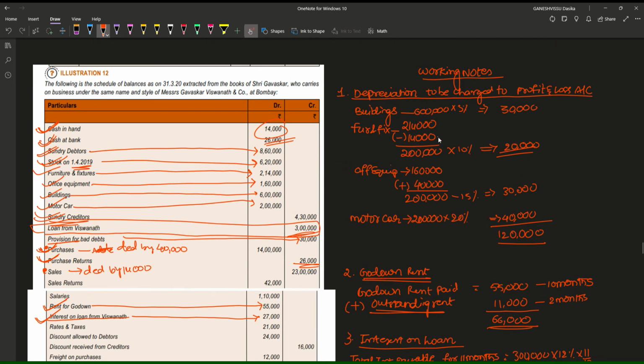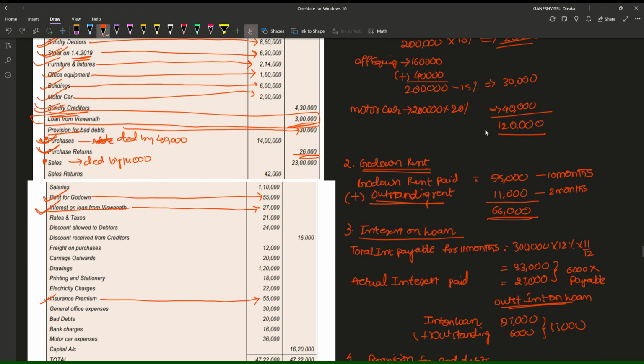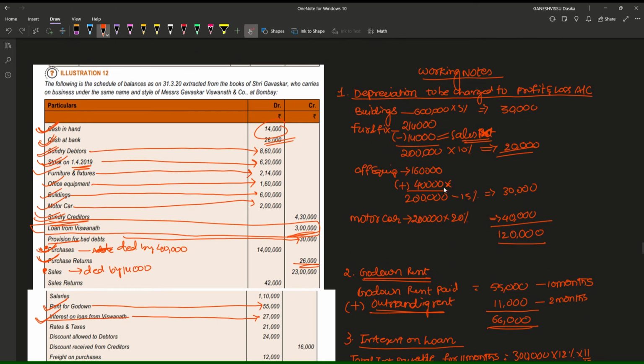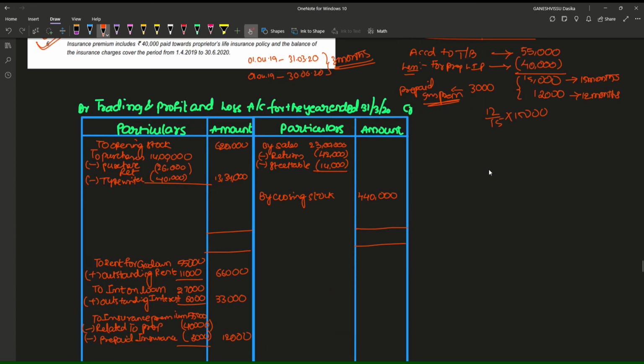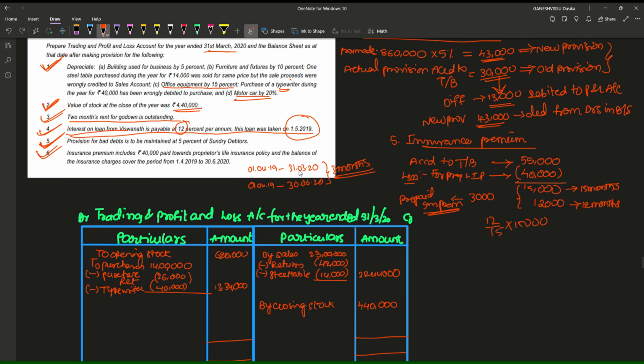This 14,000 is not sales returns actually, that is deducted from sales. And here 40,000 is to be deducted from purchases, right? So we have deducted from sales also: 23 lakhs minus 42,000 minus 14,000, which is 22 lakhs 44,000. We have completed the sales returns also.